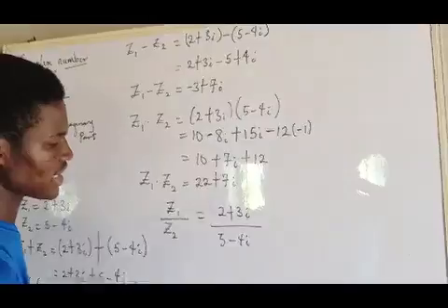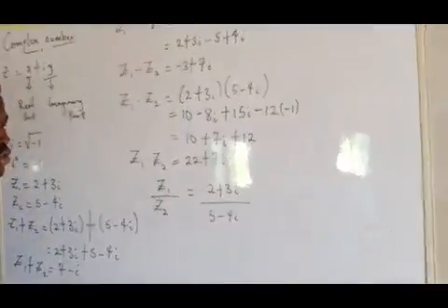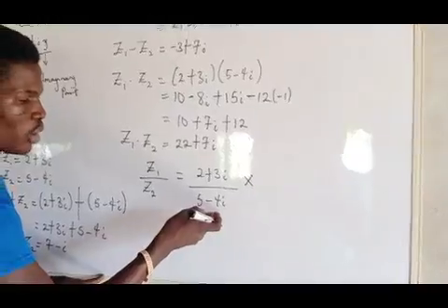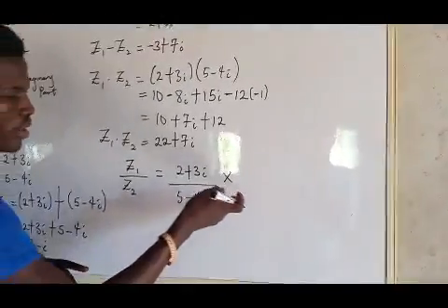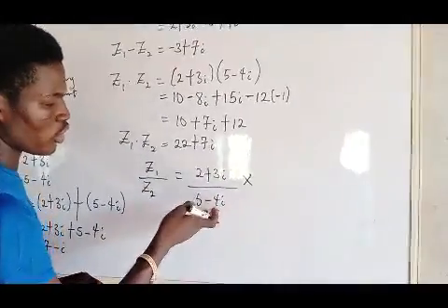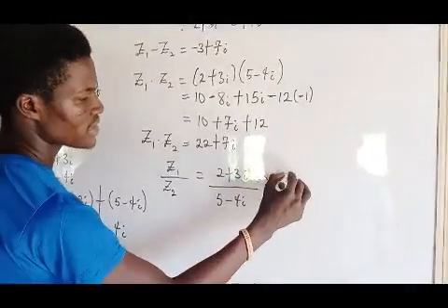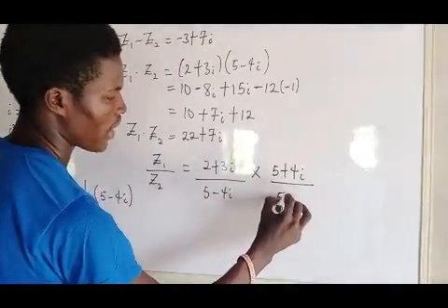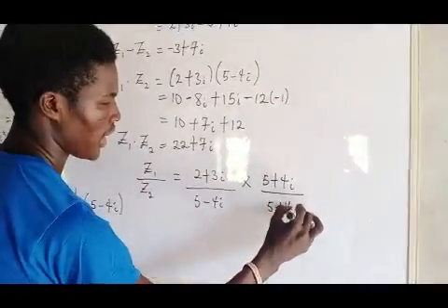The same way you rationalize surds is the same way you are going to do this. So you have to multiply the denominator by its conjugate, and multiply the numerator also by the conjugate. What's the conjugate of this? That's 5 plus 4i. Do you get what I'm saying?